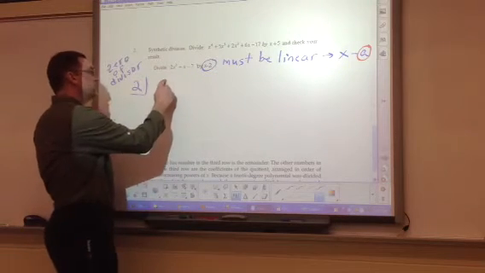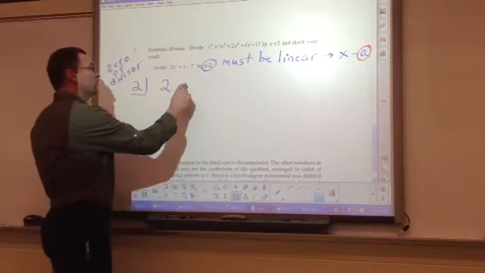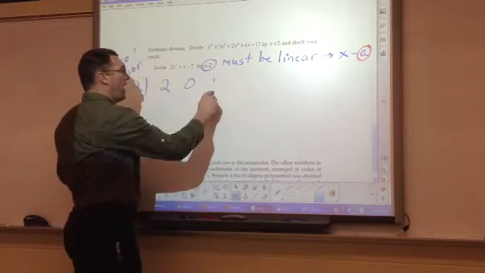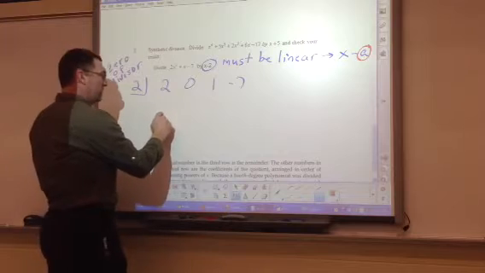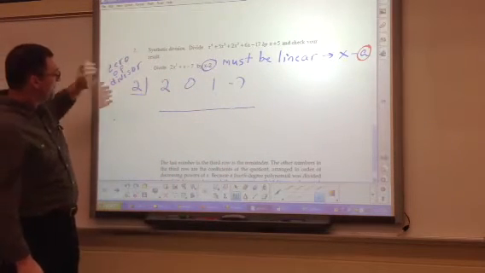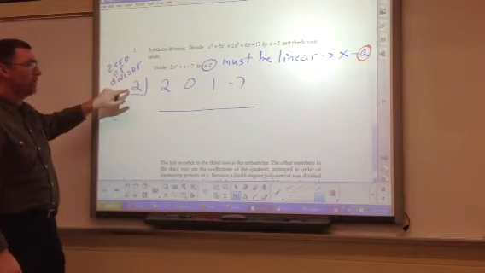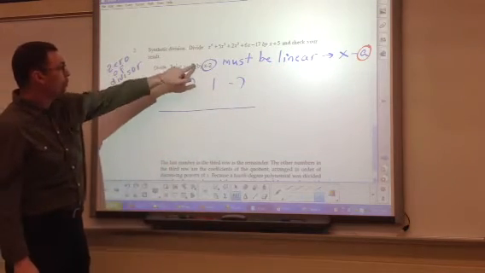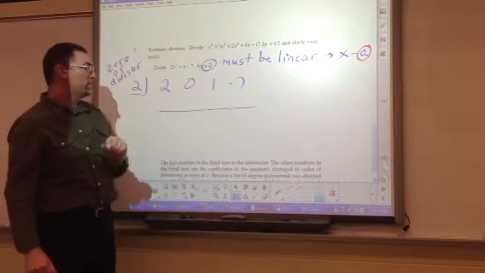Coefficient of x cubed, 2. Now once again, I don't have x squared there, so I have to put a 0 in to represent the x squared term. I have 1x, and then my constant, negative 7. Then I leave a space and draw a line. So in this little L-shaped thing, I put the 0 of the divisor, or the value of a, which in this case is 2. Write down the coefficients of my dividend: 2, 0, 1, negative 7.